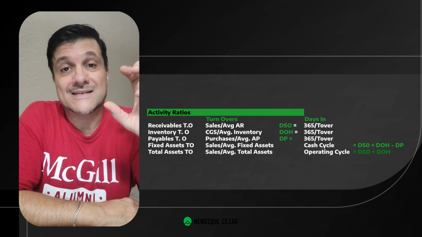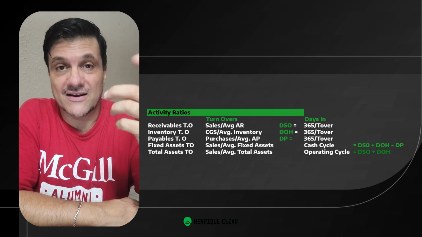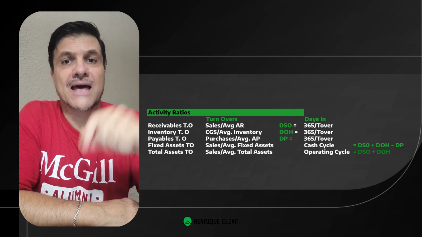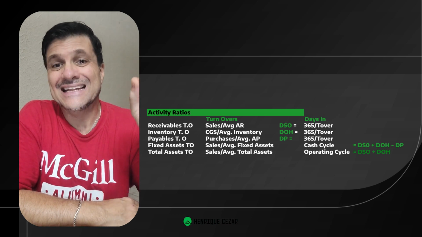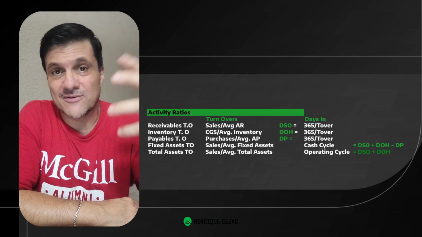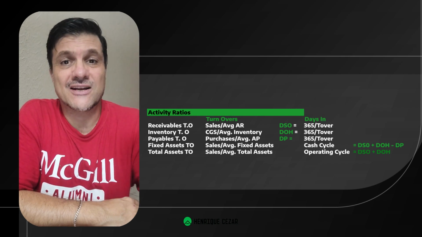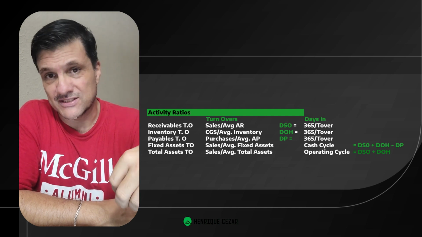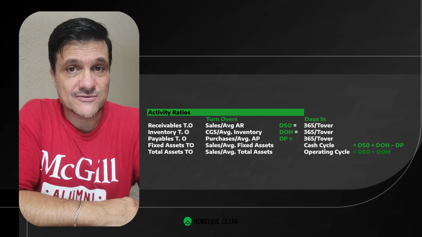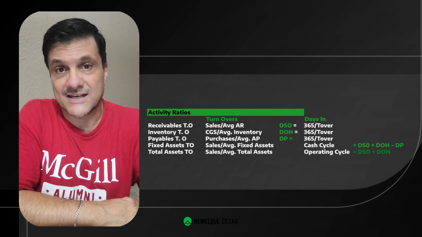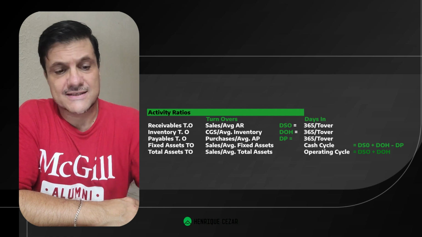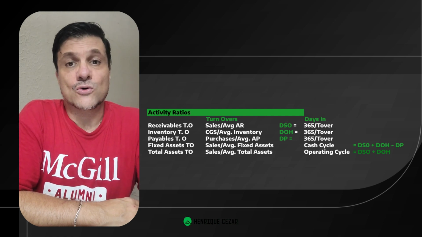Well, to add some more dynamic into the ratio, we take the average of the balance sheet account that would be in the denominator of those turnovers, right? So sales divided by accounts receivable now is sales divided by average accounts receivable. Sales divided by average fixed assets for the fixed asset turnover, and sales divided by average total assets for the total asset turnover.